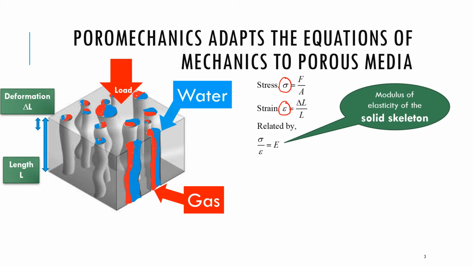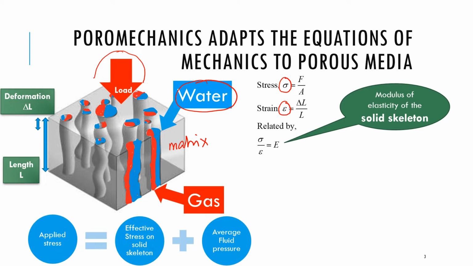The other way is that when you have a load like this one on a porous media, note that the load would be shared by the solid matrix and the fluid. So load is going to be shared. So if we write the equations, then applied stress is equal to effective stress on solid skeleton and fluid pressure.